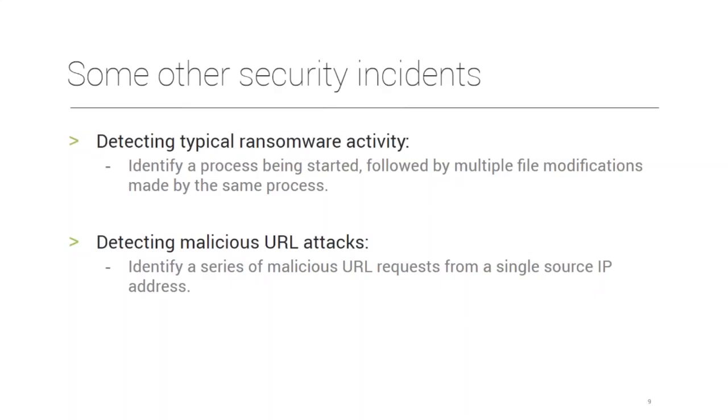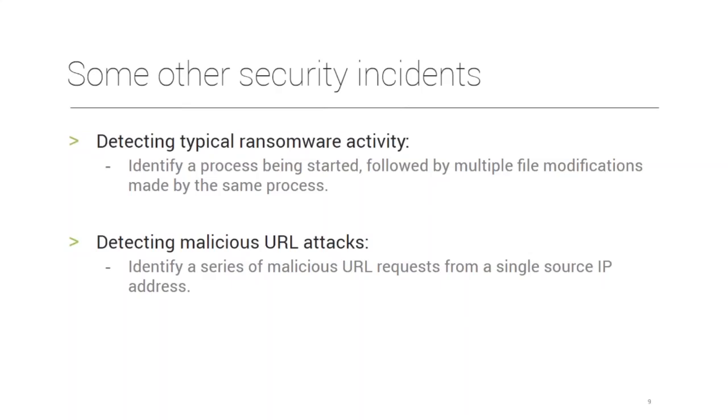Now there are hundreds of thousands, in fact, of types of ransomware out there. But when it comes down to it, all ransomware attacks follow a few simple common steps. So you can use EventLog Analyzer's correlation feature to try and identify these common steps.